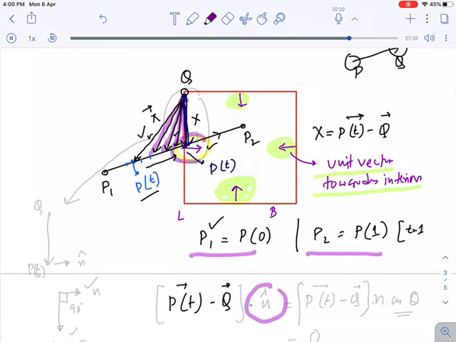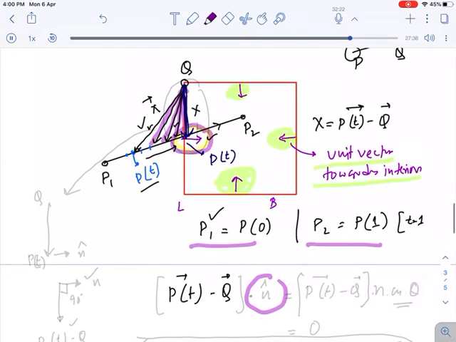Now if I take a dot product with these two vectors, what will happen? So I am taking this picture here. Suppose this is my q and this is Pt, and here the perpendicular vector, that is the normal unit vector, is this. I can call it n.